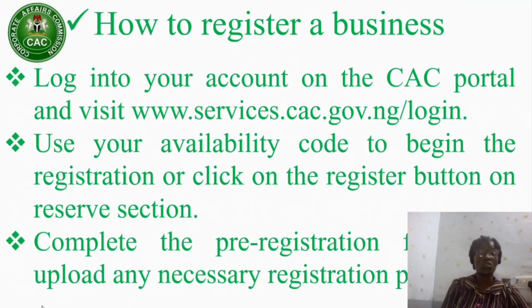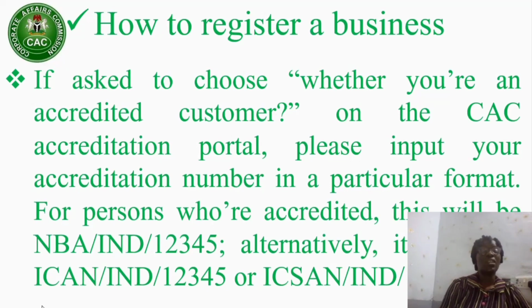When the form is open, complete the pre-registration form and upload all necessary registration papers. There are documents you'll be requested to provide, so upload everything. Then, if asked whether you are an accredited customer on the CAC accreditation portal, please input your accreditation number in a particular format.